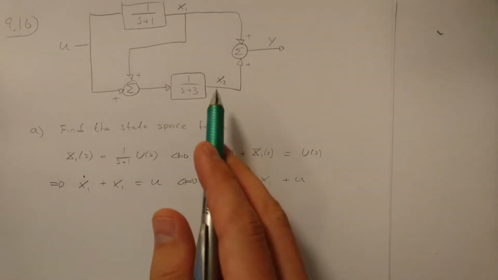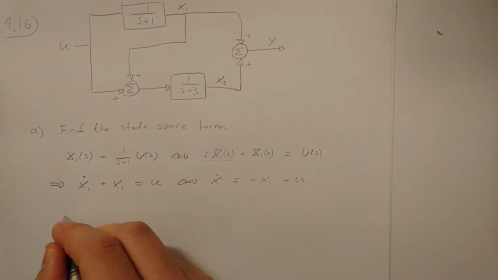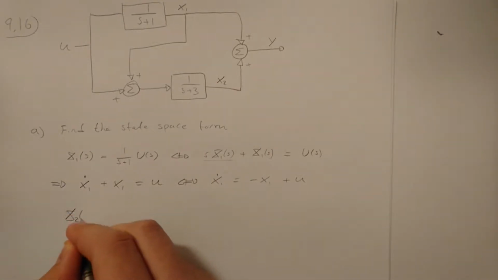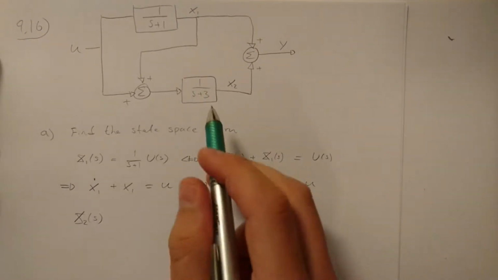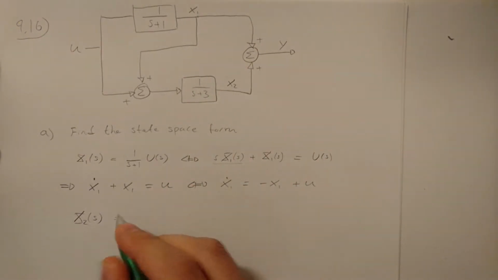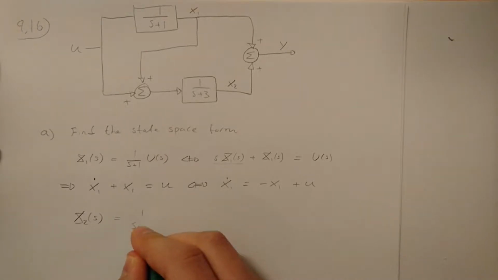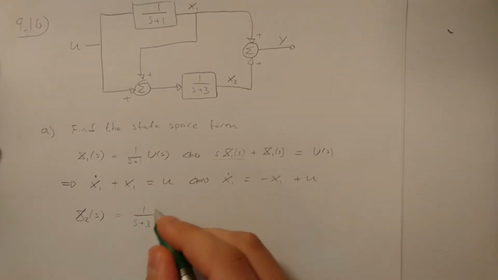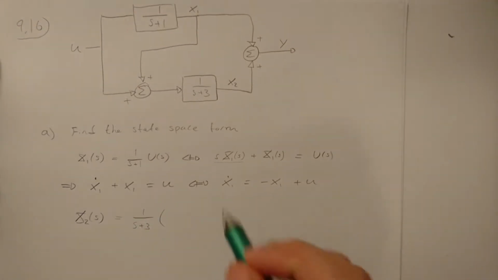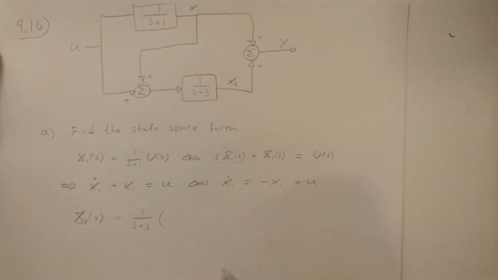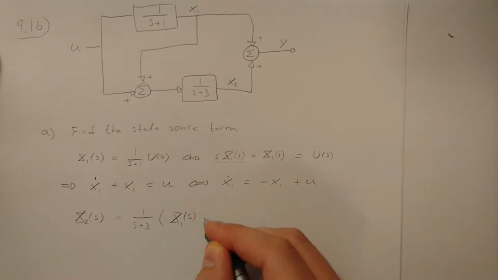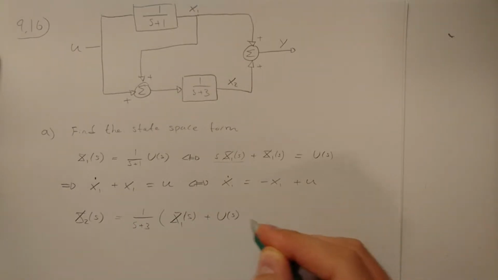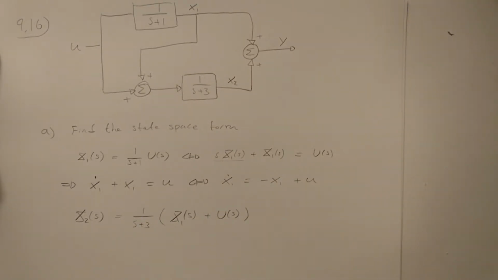Now let's do the other one. So let's look at x2. So we see that x2 of s is equal to this transfer function, 1 on s plus 3, times the sum of x1 and u. So we have the sum of x1 of s and u of s, like that.